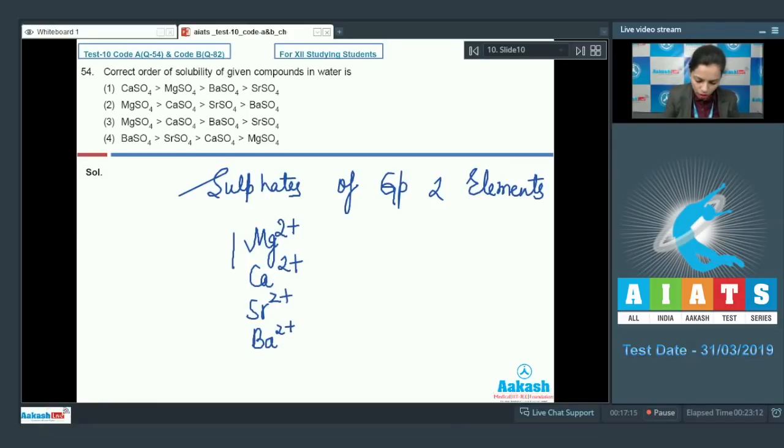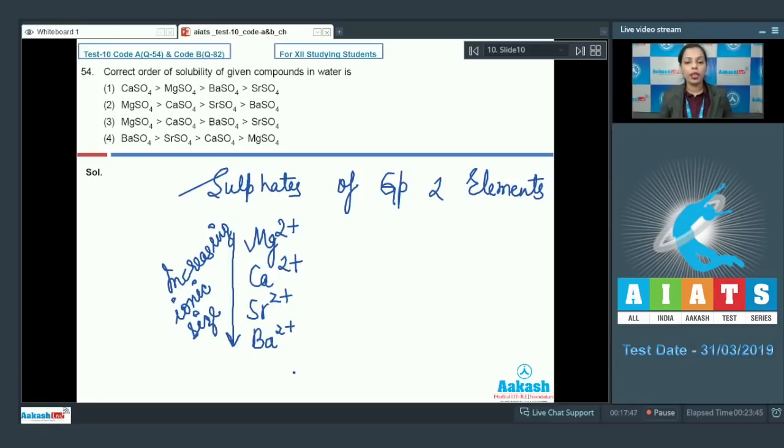So this is the order of increasing ionic size. And if size is increased, less would be the solvation, basically the hydration, and that results in less solubility. So what would be the correct order of the solubility of these sulfates of alkaline earth metals?